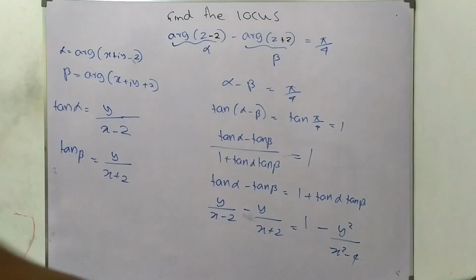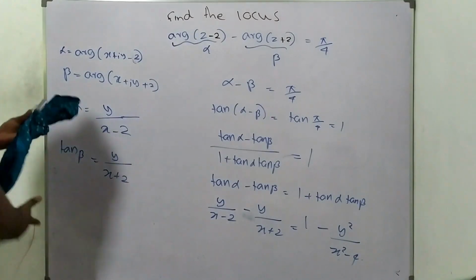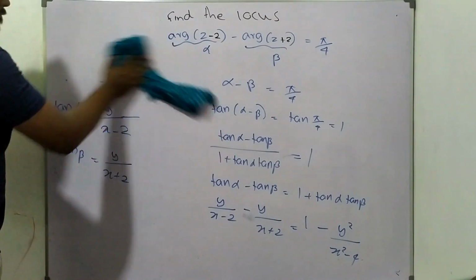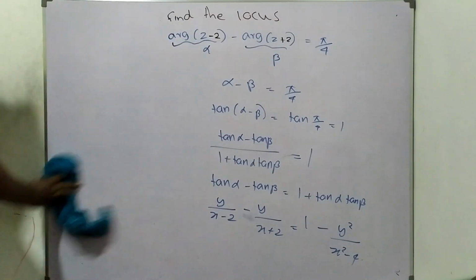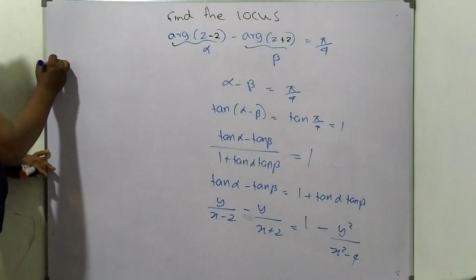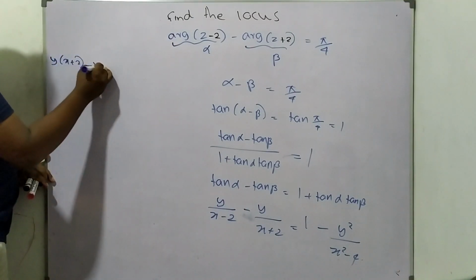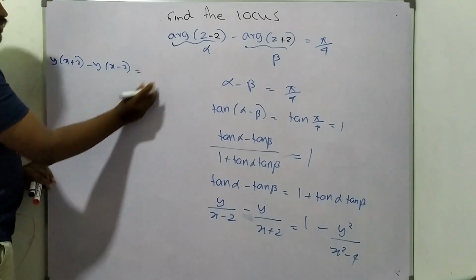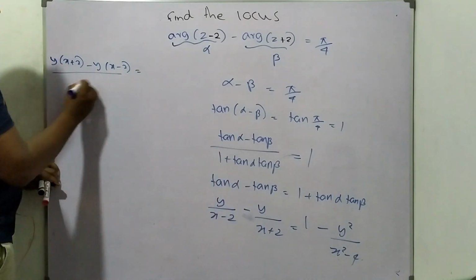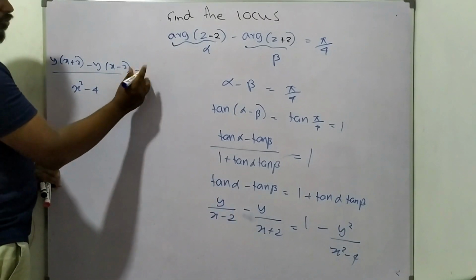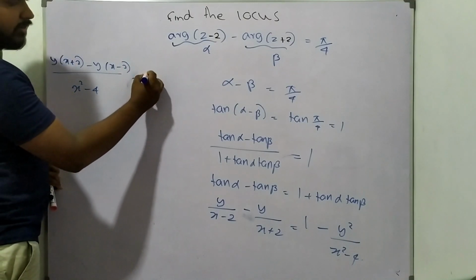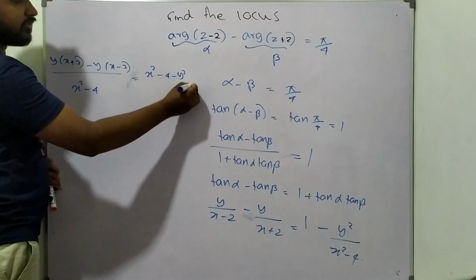So likewise you can take a common denominator: y times x plus 2 minus y times x minus 2 equals x squared minus 4 plus y squared.